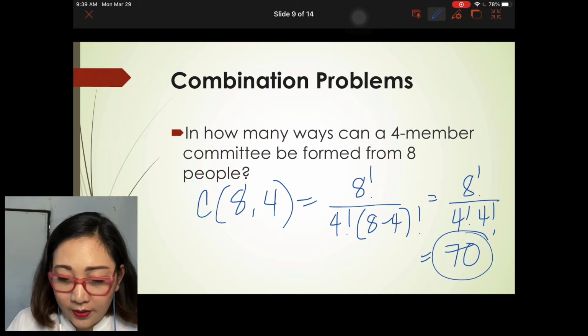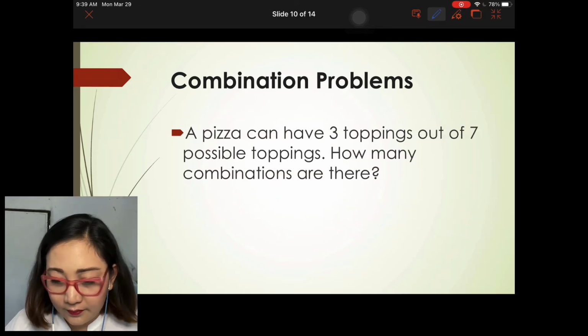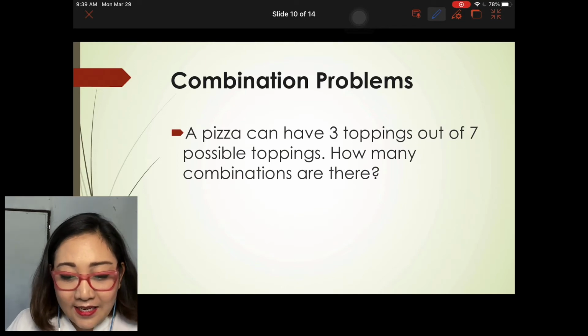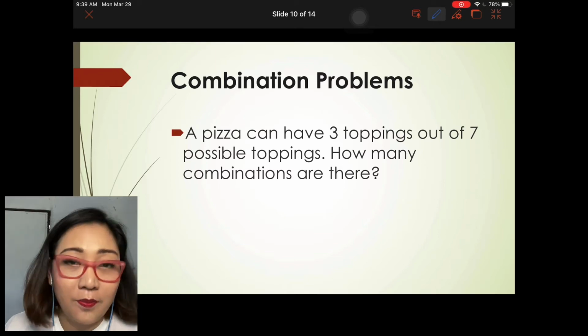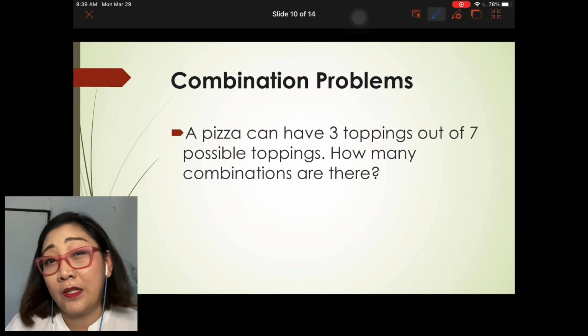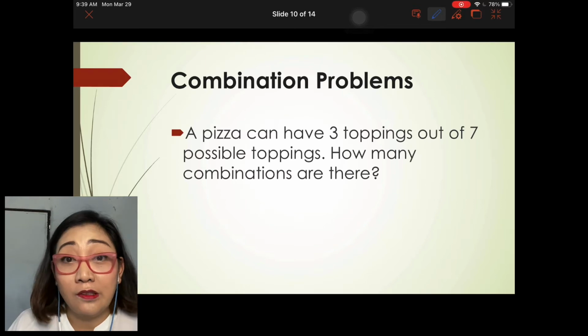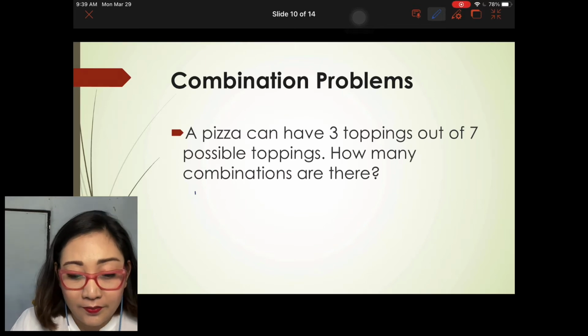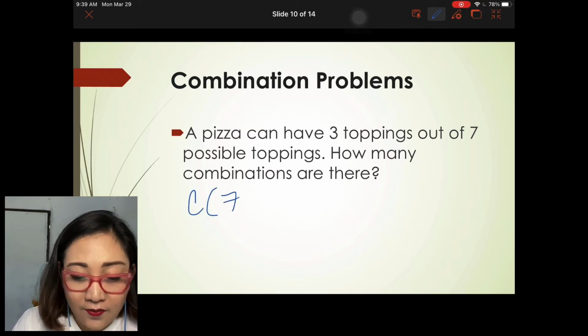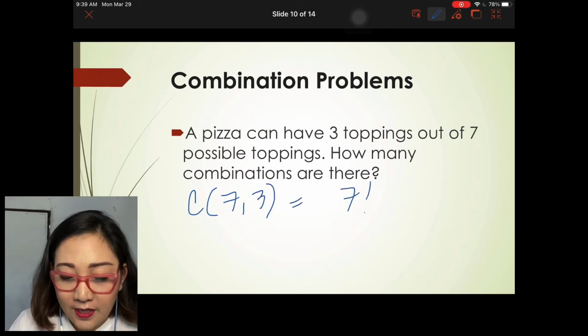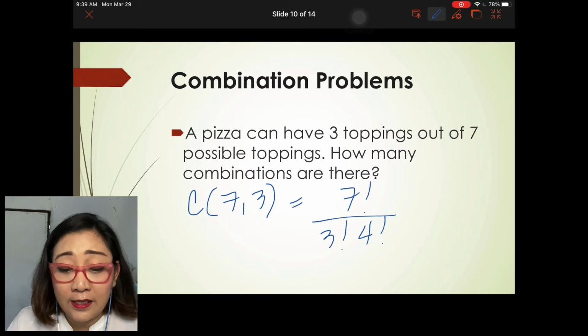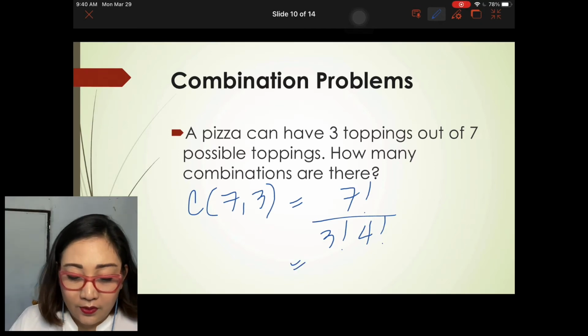So, let's move on. A pizza can have 3 toppings out of 7 possible toppings. And how many combinations are there? So here, it doesn't really matter yung order ng toppings mo. So it's a combination. So combination of 7 possible toppings taken 3 at a time. So let's have 7 factorial divided by 3 factorial times 4 factorial. So nanggaling yung 4 factorial? 7 minus 3. So let's calculate.